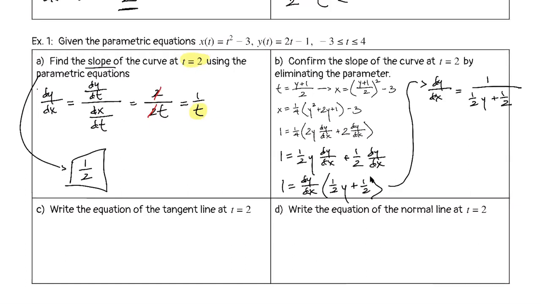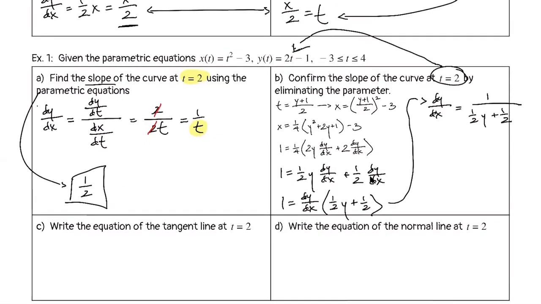Yeah, we're actually going to take 2, which is the value we want to find it at, and plug it into the y equation, and see what y value corresponds with that t value. So when I plug in 2, I get 2 times 2, which is 4, minus 1 gives me 3. So everywhere I see a y in this equation, let's plug in 3 and see what happens.